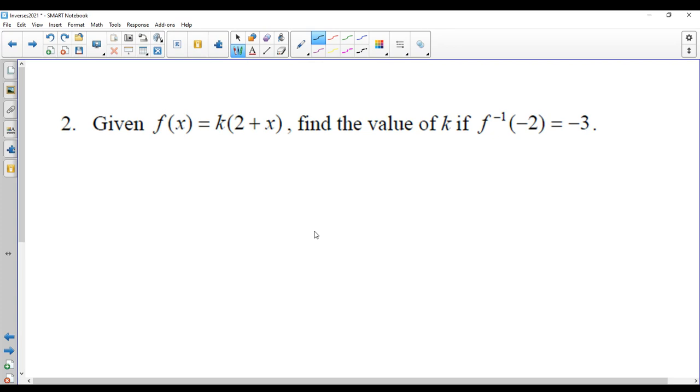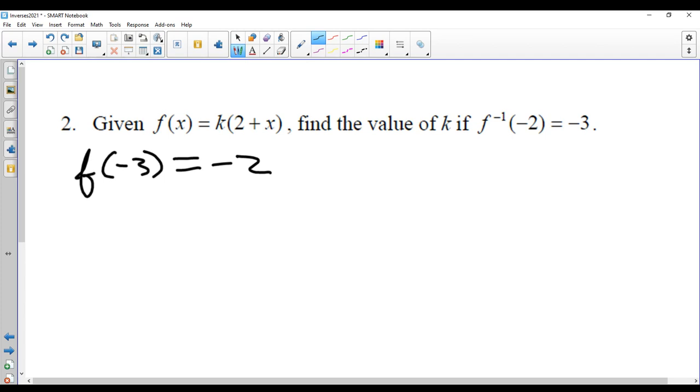So the domain becomes the range, and the range becomes the domain. The x's become y's, and the y's become x's. So we're saying that f of minus 3 should be equal to minus 2. That's exactly what we're saying.